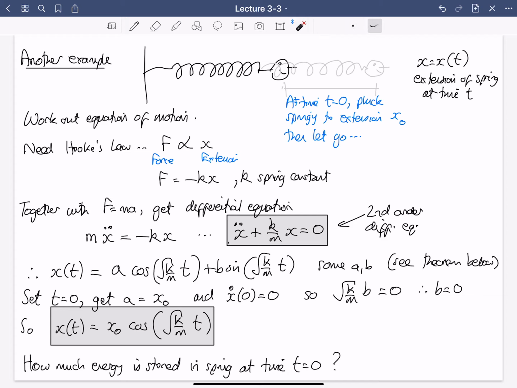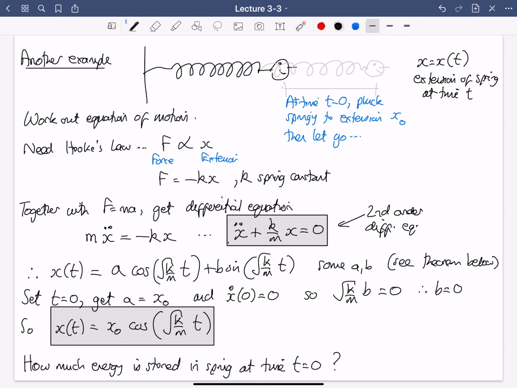When springy is at equilibrium, it's not stretched at all. There's no energy stored in the spring, but as you stretch him, you're storing energy in the spring. That's another form of potential energy. And when you let go, the spring contracts, it pulls back. That potential energy stored in the spring accelerates it, and it goes into kinetic energy of the head of springy.